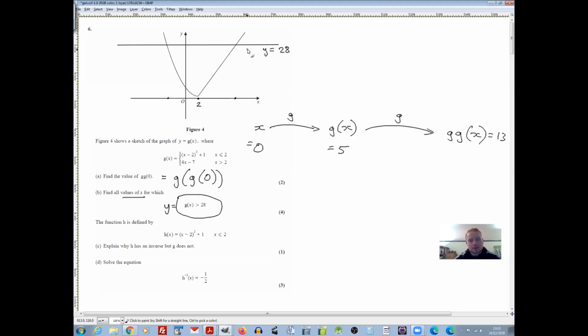I think you said where the line is above the curve. You meant above the horizontal line. Where the curve is above the horizontal line, yes, I can buy that. So it's where this g curve has y values greater than the y value of the y equals 28 line.